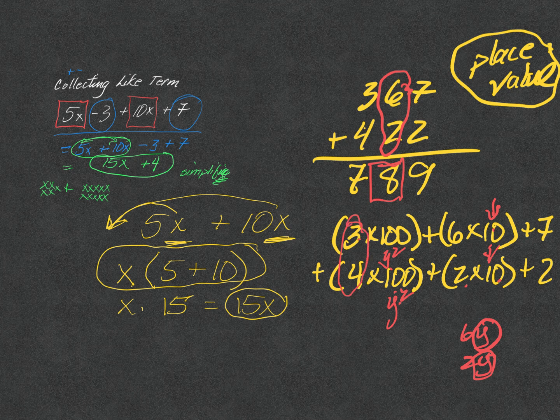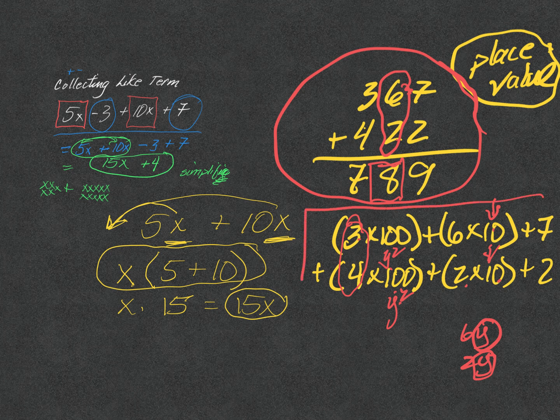So the secret to all addition and subtraction that you did in elementary school is place value, which tells us which terms are like terms, and it's the distributive property behind the scenes that allows us to add the correct things together. And that's why the distributive property is so important. We've been doing it all our life. It's just never probably really been called that or focused on in this way.